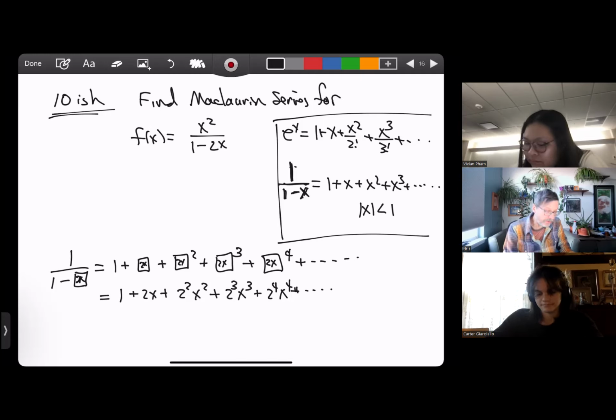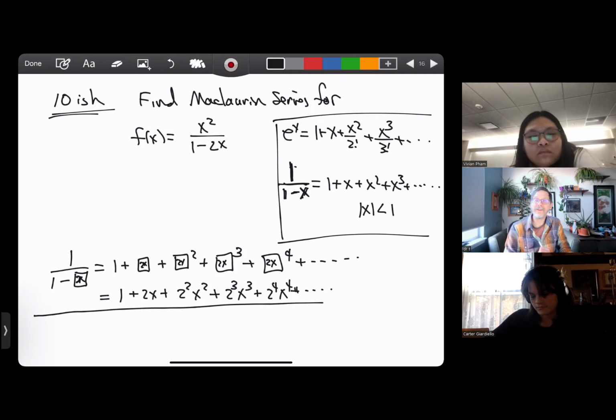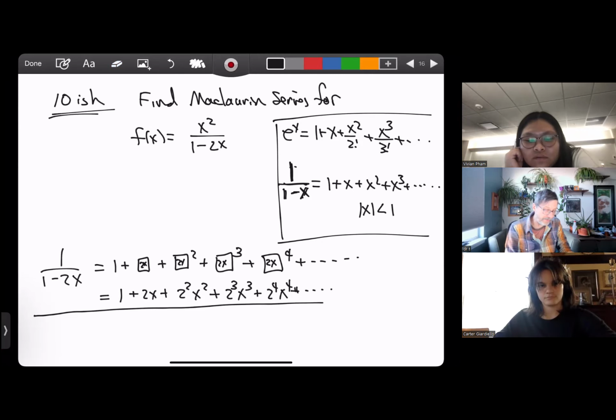Now, do you see how I can get the thing that I want from here? How do I move from the thing I just did to the thing I want? I'm almost there. Right now I've got 1 over 1 minus 2x, and I have the series expansion for that.